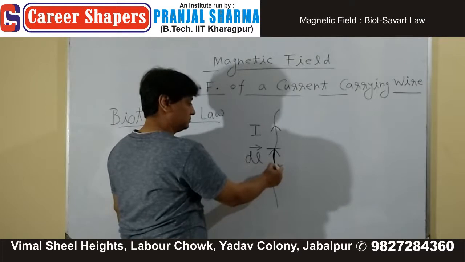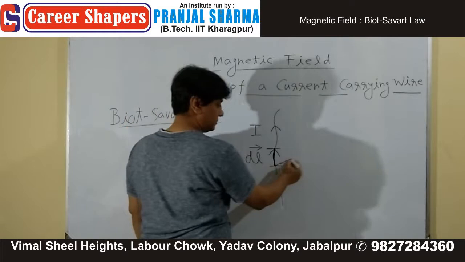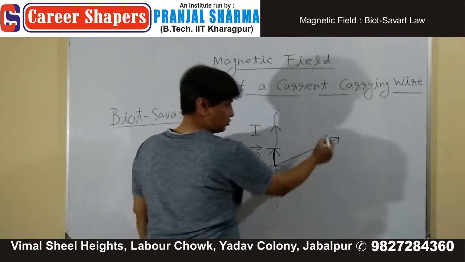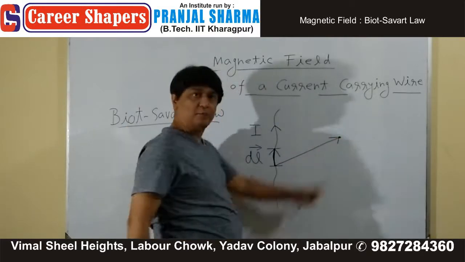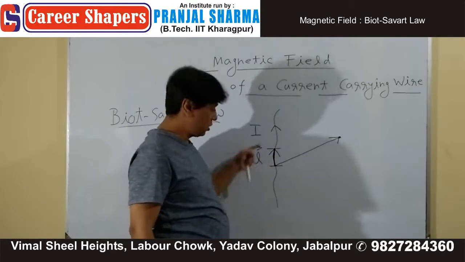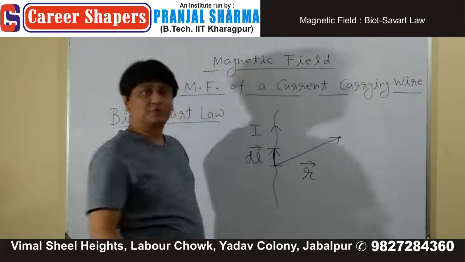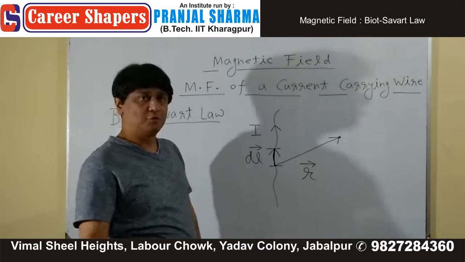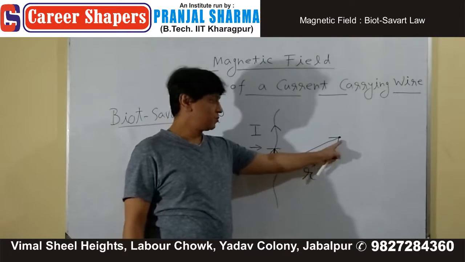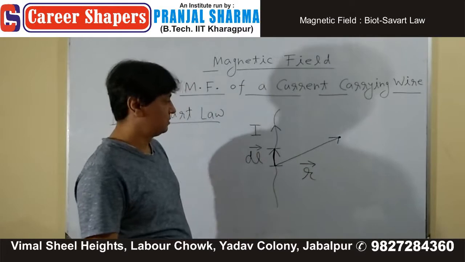This dl, from its tail, if you choose a point and the position of this point with respect to the tail of dl is r, which is kind of position vector. You don't have to worry about position vector and all. Simply from the tail join this point. It gives you the position of this point with respect to this dl.